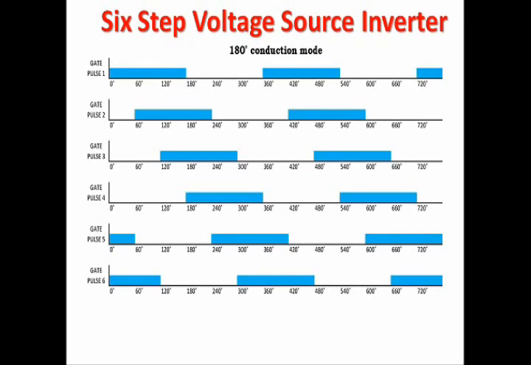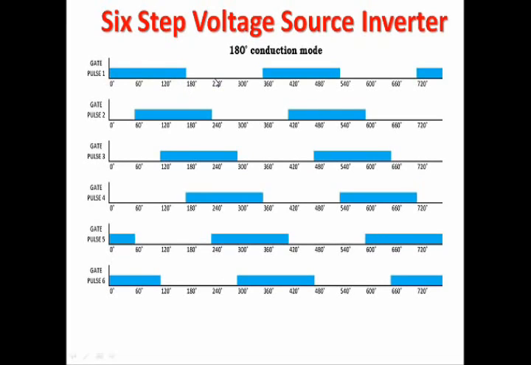So we can explain this concept with the help of gate pulses also. Let's see the pulse diagram for MOSFET 1. In this conduction mode, gate pulse 1 arrives at 0 degree and continues up to the 180th degree, which means from 0 to 180 degrees gate pulse 1 has its turn on time.